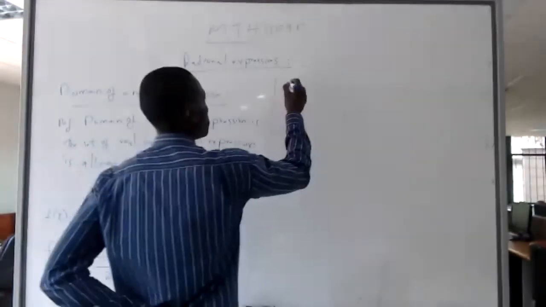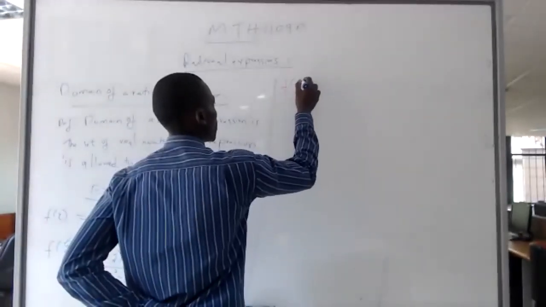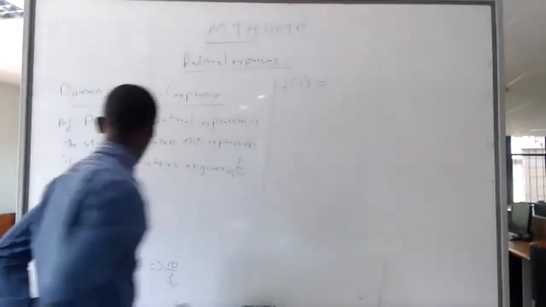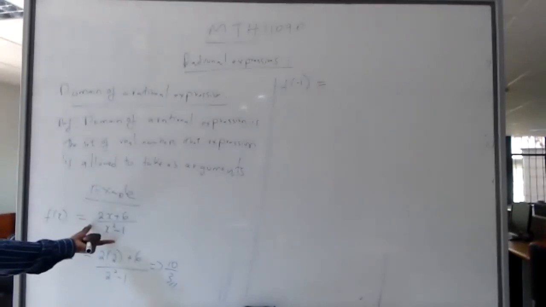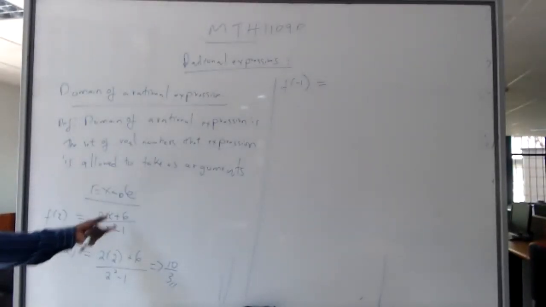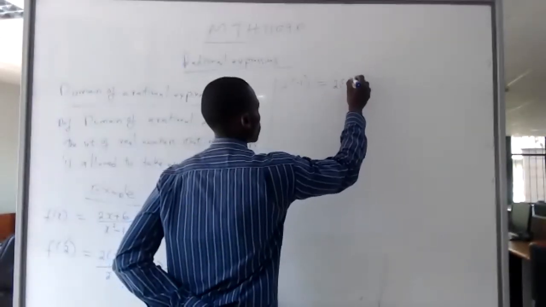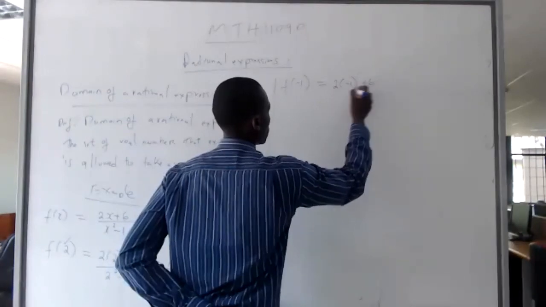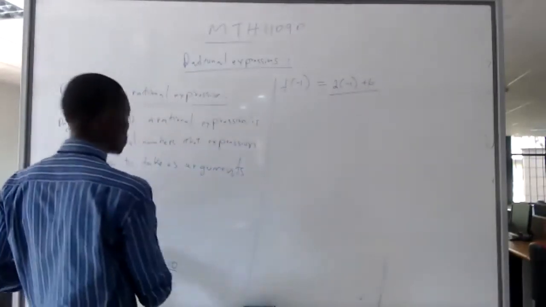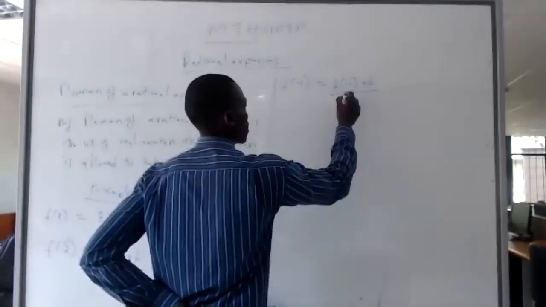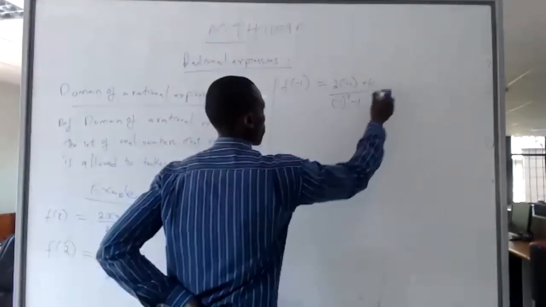How about if you put -1? What is f of -1? Just replace x with -1. This is 2 into -1 plus 6, divided by -1 squared minus 1.